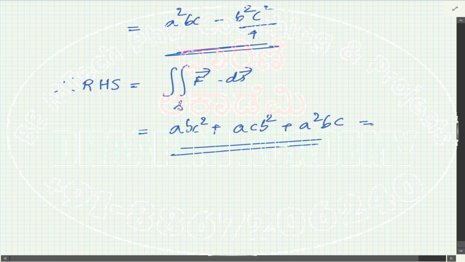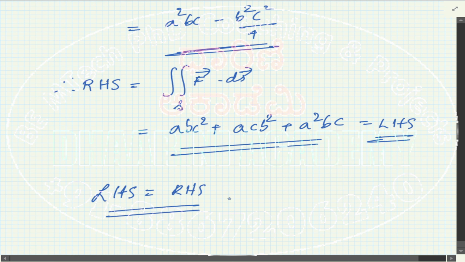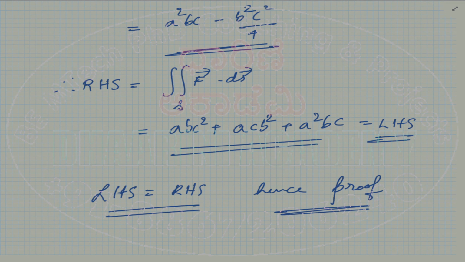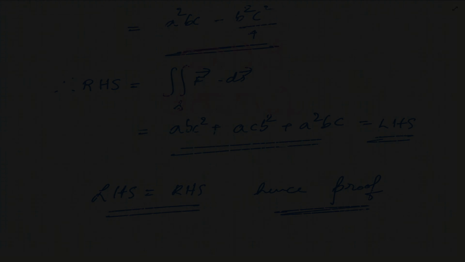So this will be equal to the LHS. So since we can see that the LHS is equal to RHS, we can say that hence proved. Like this we can prove a problem based on the Gauss divergence theorem.